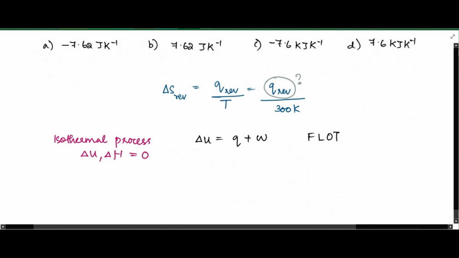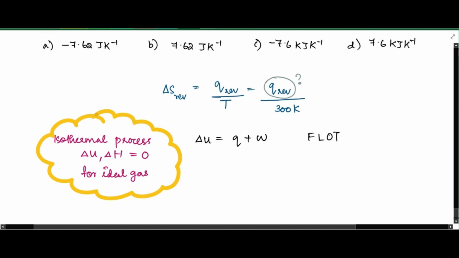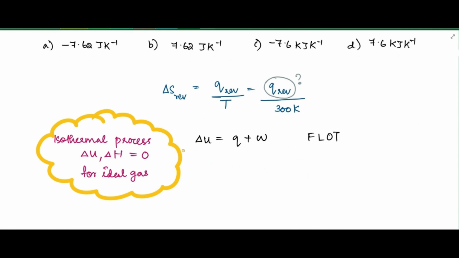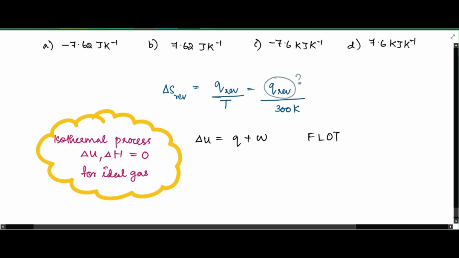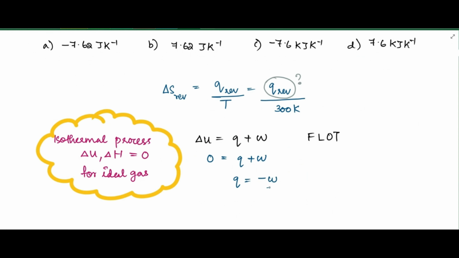Always means in the case of an ideal gas. For an ideal gas. Okay. If you don't know this, this question will not go forward. So when you have a gas where an isothermal process is happening, delta U is 0 here, so 0 is equal to Q plus W, or in this process Q is equal to minus W.